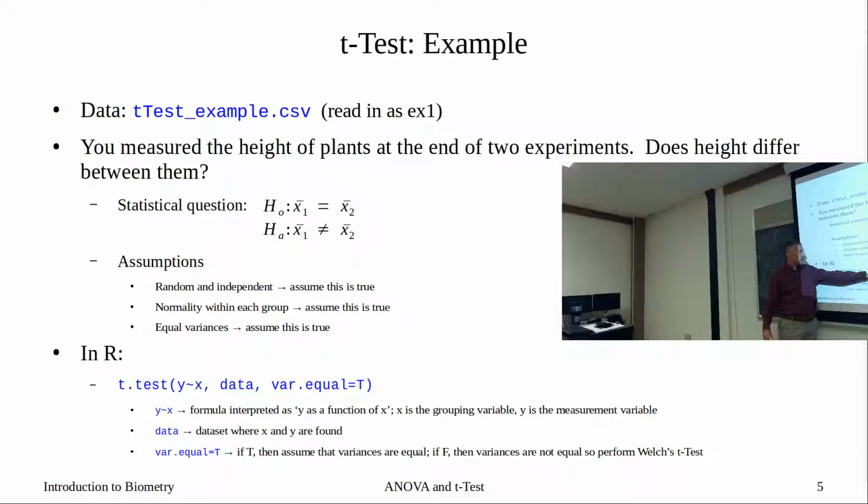And then var.equal equals T. So this var.equal tells R, assume that we have equal variances. If we don't, if that's the only assumption that we violated, we're going to learn we can set this to false. And I'm going to recommend that we actually do that, set it to false when we violate the assumption. But for now, we're going to assume that variances are equal, so var.equal equals T.